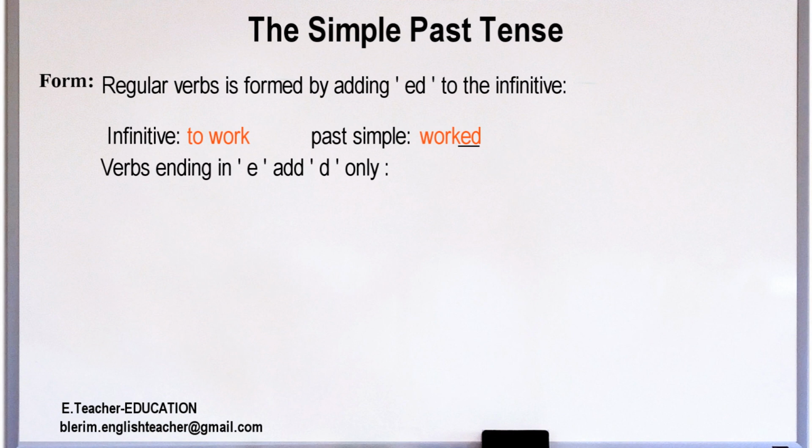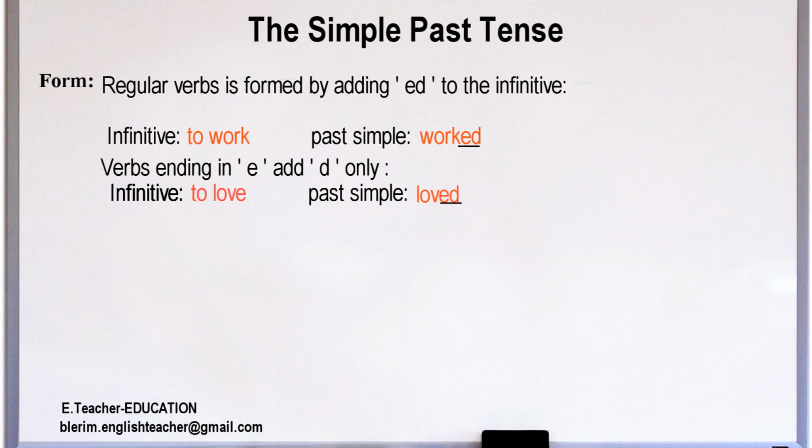For verbs ending in e, we add only d. Another example, to love, and in the past simple tense it's loved, okay, and we have ed at the end.